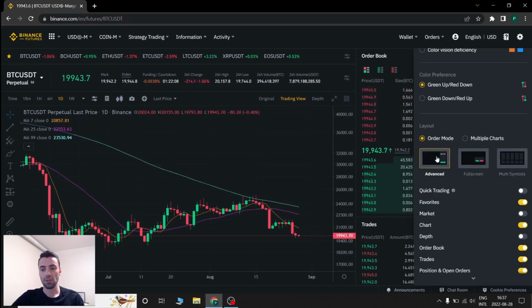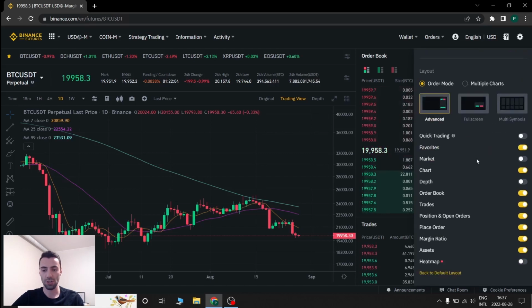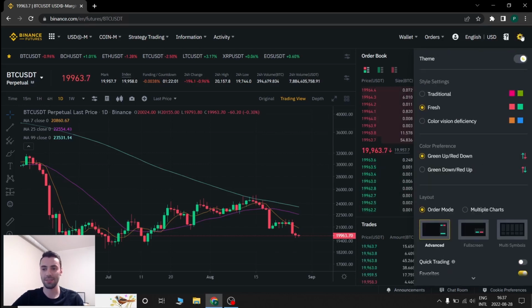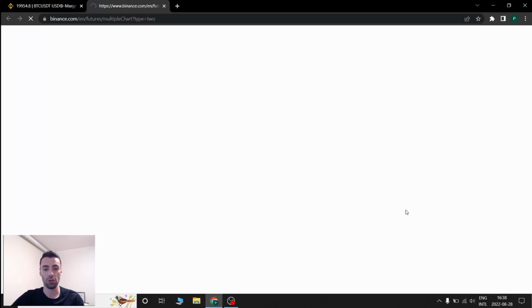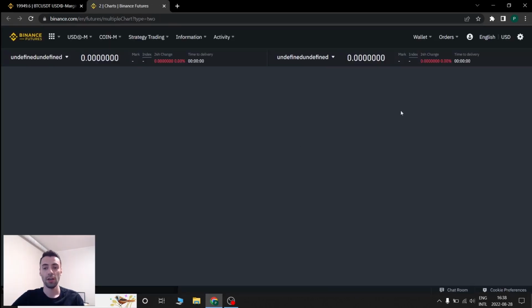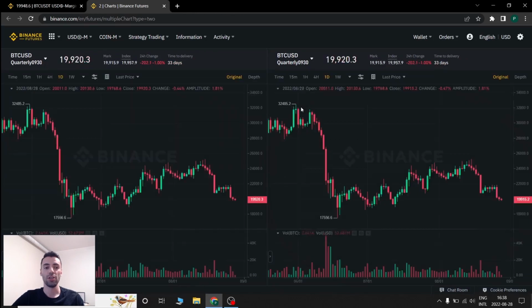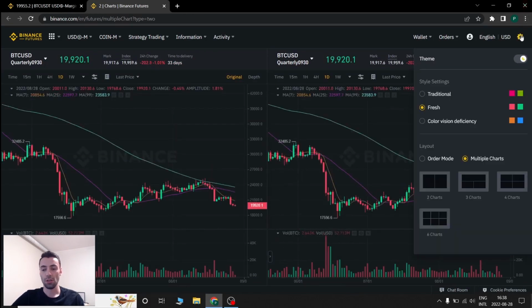You can also have some other types of layouts for your screen, which I'm not going through. It's not really useful for me as a beginner, or on my device, which is a normal laptop. If you have a bigger screen, you can use them to have multiple charts. For example, here you can have 2 charts instead of 1, and you can trade on both of them. Or also 4 charts or 6 charts.